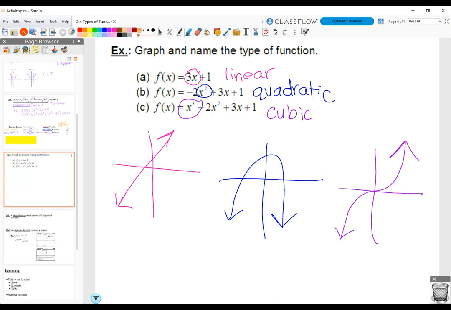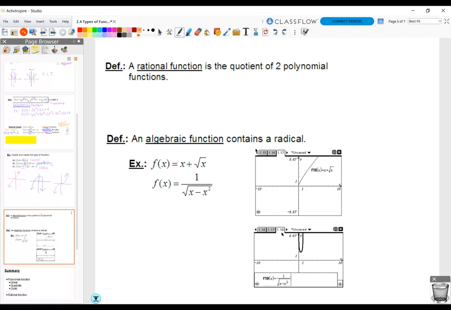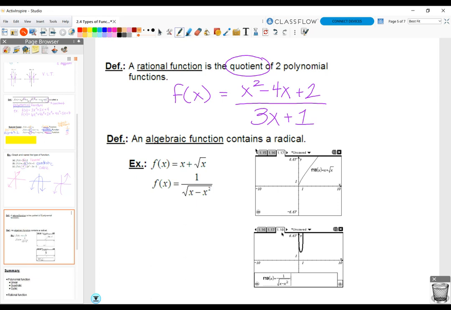Those are the 3 that we've probably already discussed in high school, but there are a couple others I want you to be familiar with. The next one is called a rational function. A rational function is the quotient of 2 polynomial functions. Quotient, remember, just means division. An example might look like a quadratic in the numerator, x squared minus 4x plus 2, and then maybe a linear in the denominator.